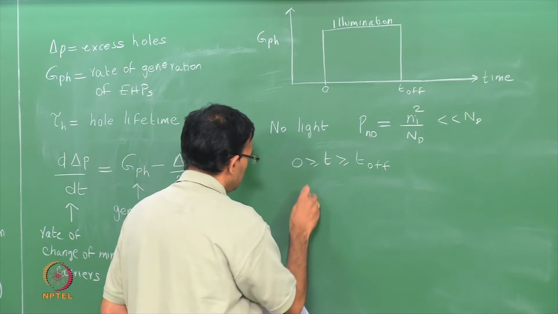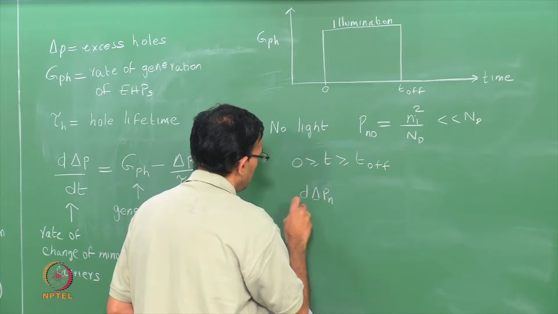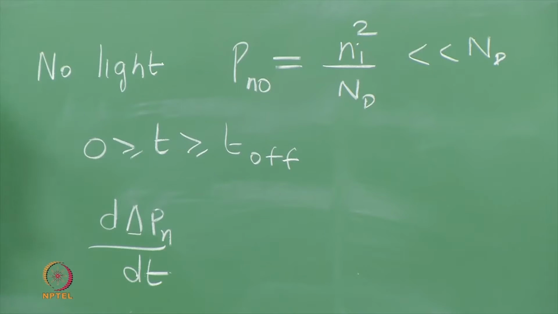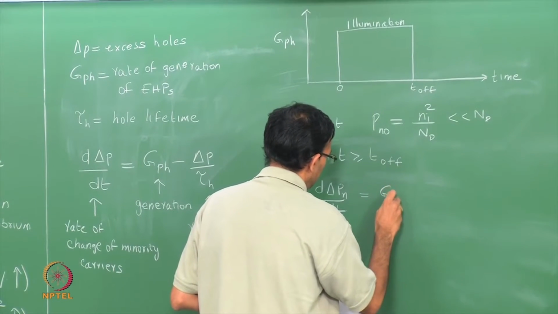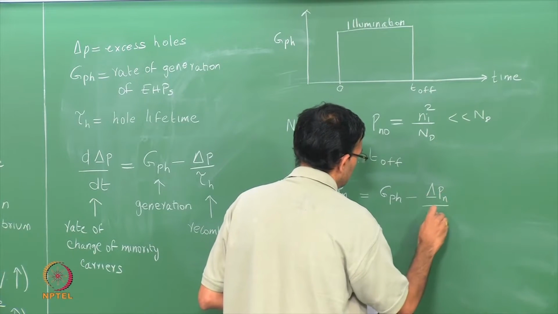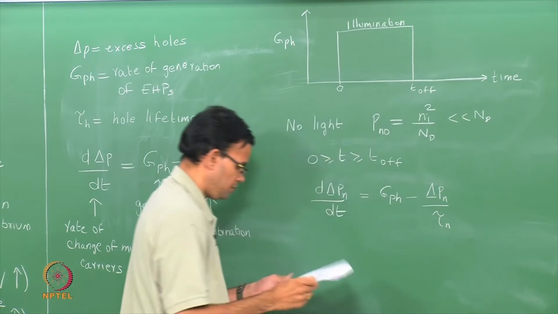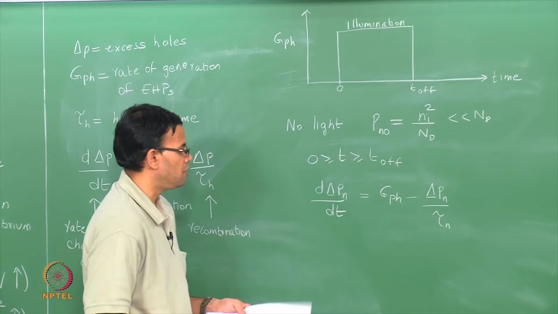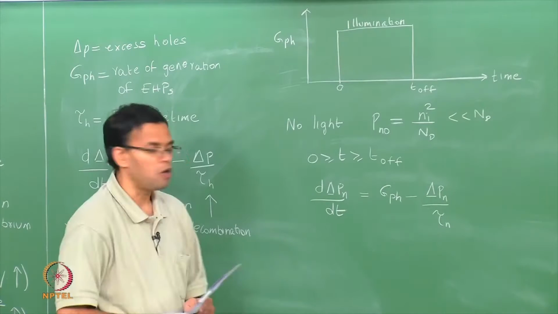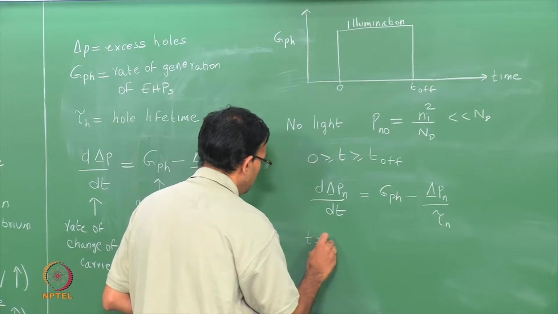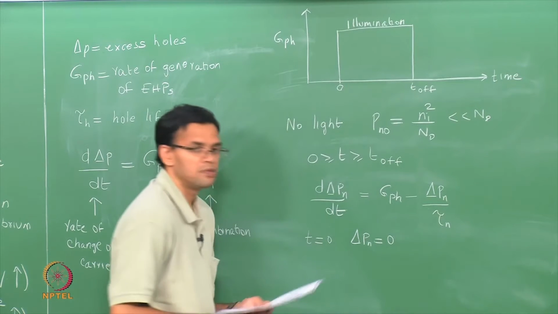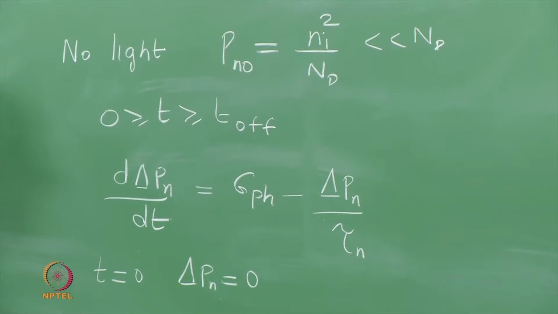In this case I can write this equation, d delta pn by dt is Gph minus delta pn over tau h. This is just a first order differential equation. We can integrate it, and the boundary condition is that at time t equal to 0, delta pn is 0. There are no excess carriers in your material.